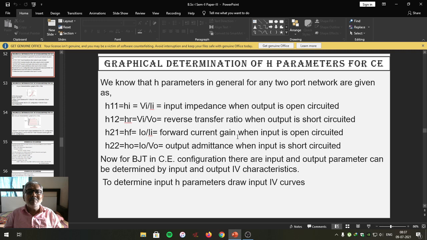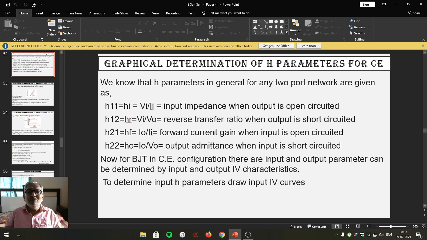By using them, now we are going to determine the same parameters for BJT in common emitter configuration graphically. Now for BJT in common emitter configuration, there are input and output parameters. Parameters can be determined by input and output IV characteristics.